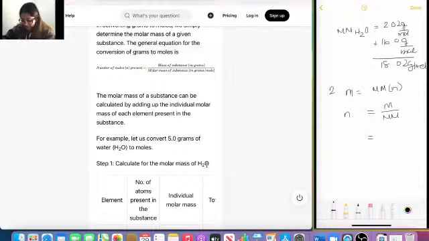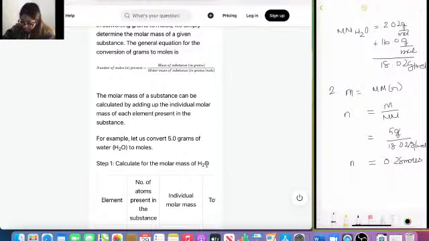Our mass was 5 grams, and our molar mass here is 18.02 grams per mole. As you can imagine, our grams will get cancelled out, and we basically get moles, we get 0.28 moles.